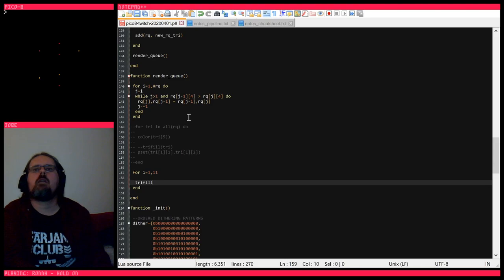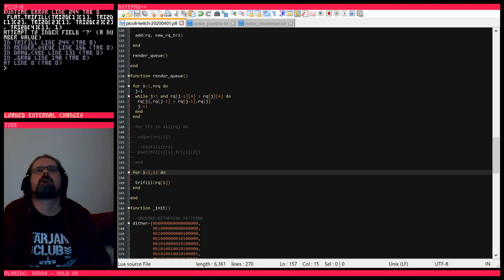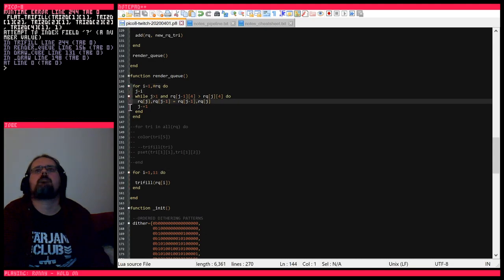So now we can test the theory if it's the last triangle that is causing problems. Let's actually remove the sorting now.